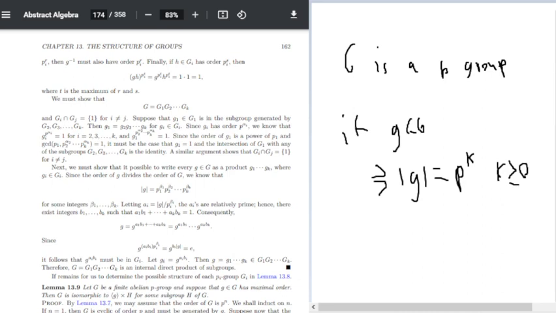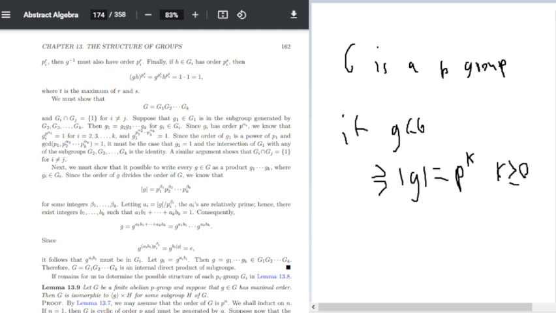Suppose that g1 is in G1 and in the subgroup generated by G2, G3 all the way to Gk. Then g1 is equal to g2, g3 all the way to gk for gi in Gi. Since Gi has order pi^ai, we know that gi^(pi^ai) is equal to 1 for i equals 1, 2, 3 all the way to k, and that g1 to the p2^a2 all the way on like that is equal to 1.